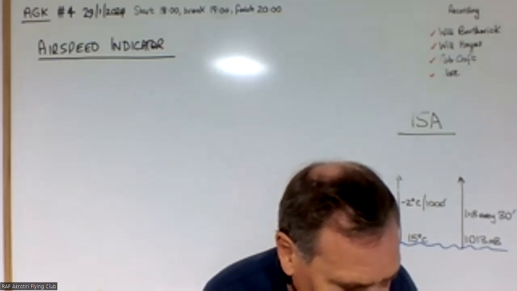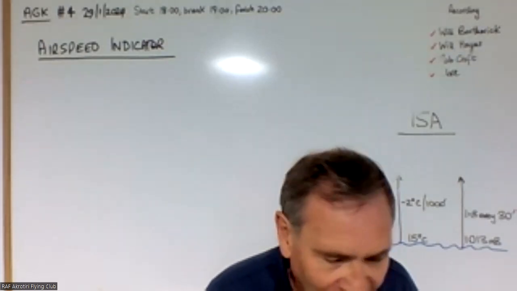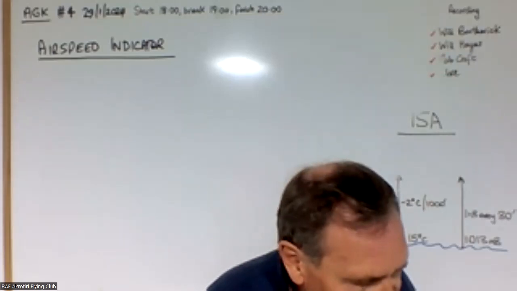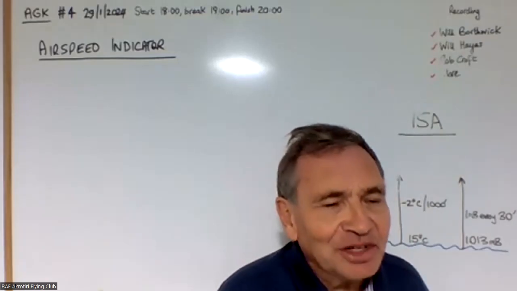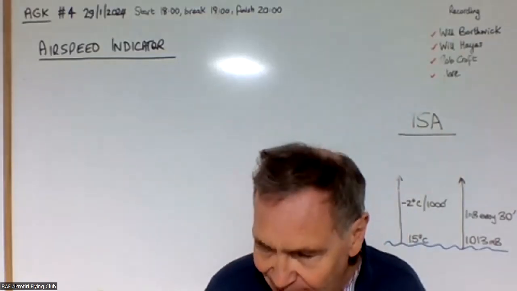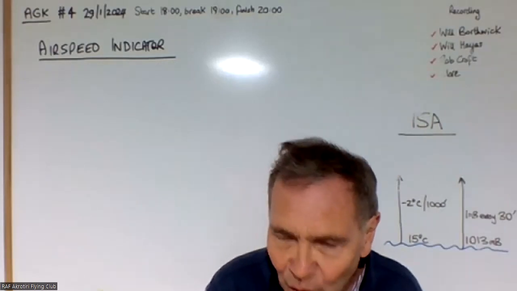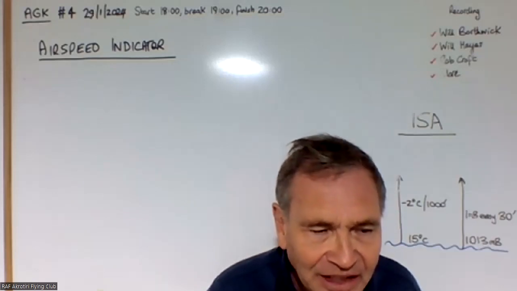And of course, there's always an exam answer that says it will show 0. No, it won't show 0. It will only show 0 if the pitot tube gets blocked. So you are correct. It will actually carry on reading the correct airspeed.